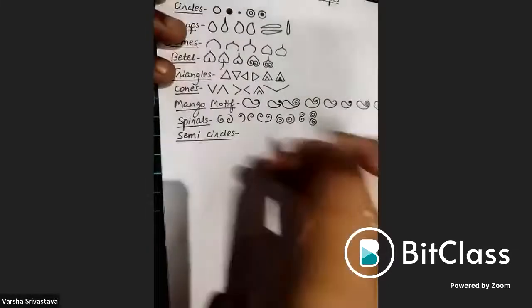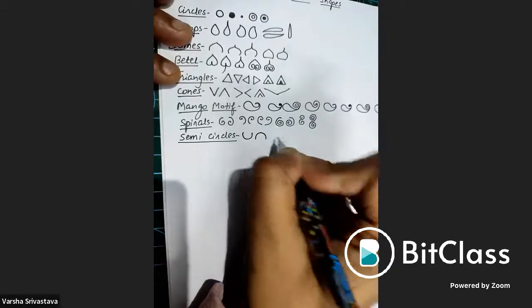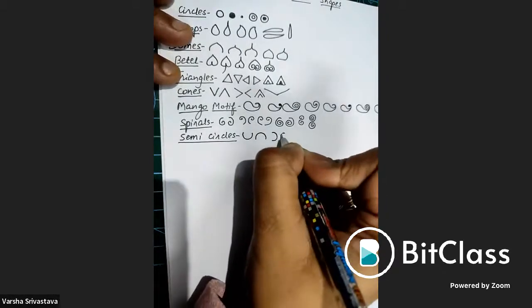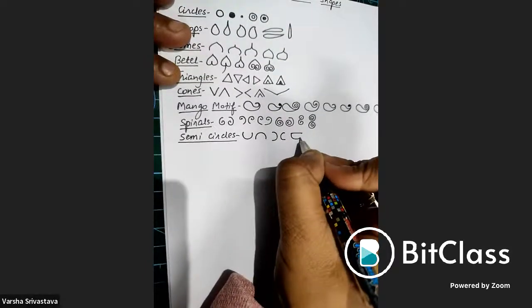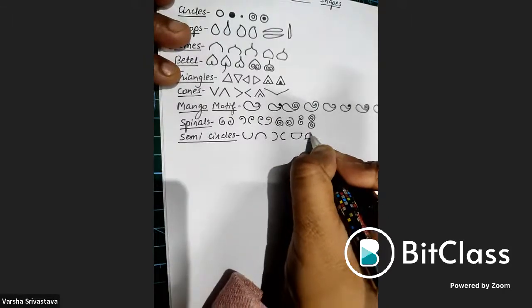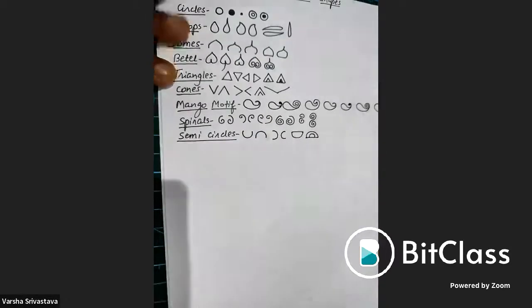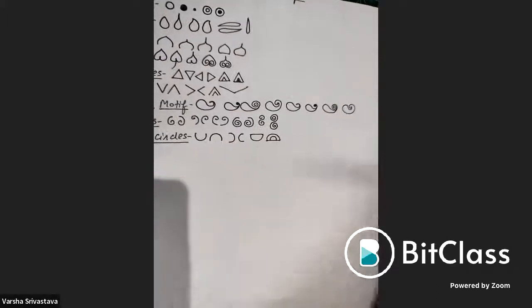Okay. Semicircles are made like this. Upside down. Sideways. Left and right. One line and the semicircle. Then I made it upside down and another semicircle inside this. Okay. Can you see this?